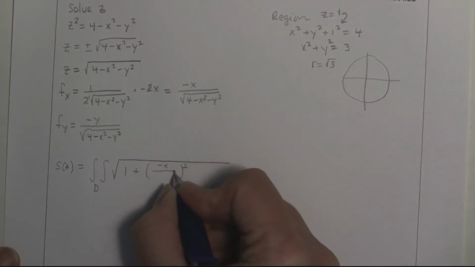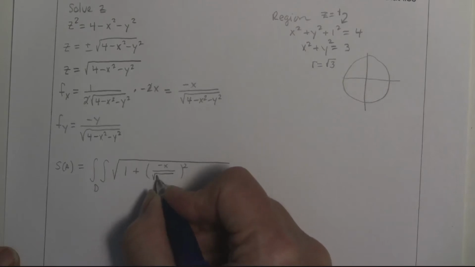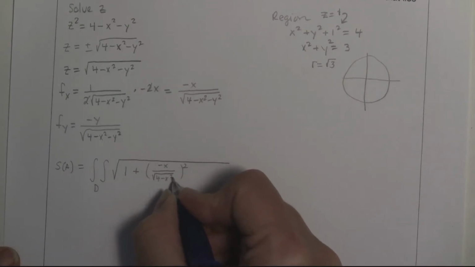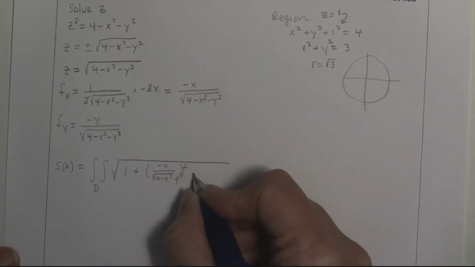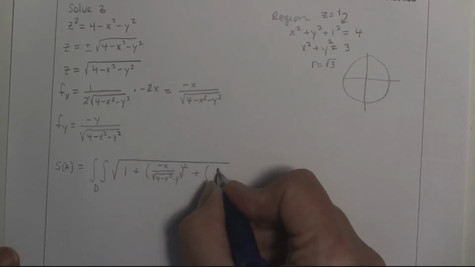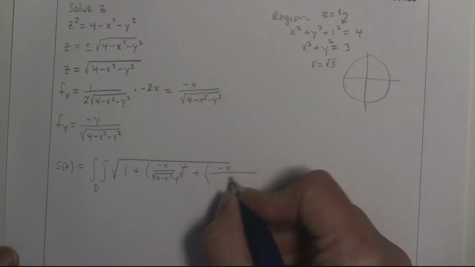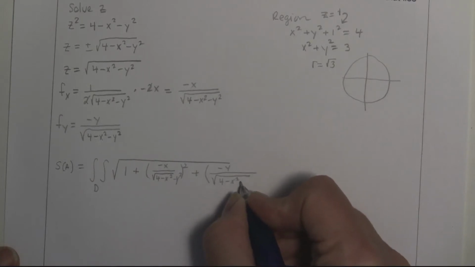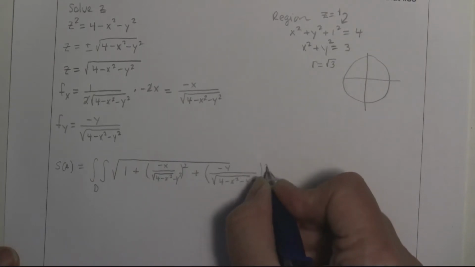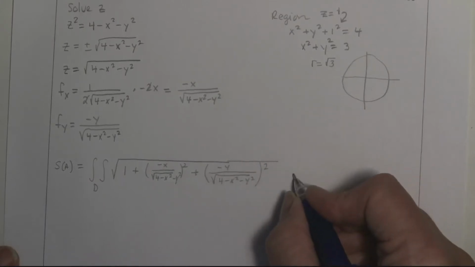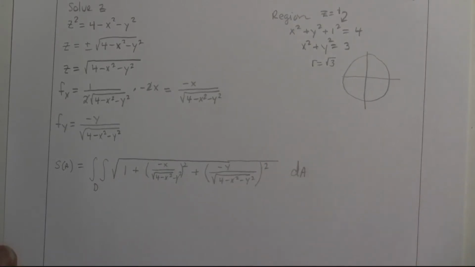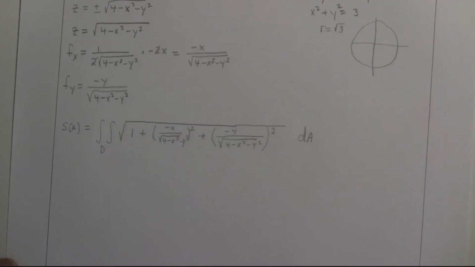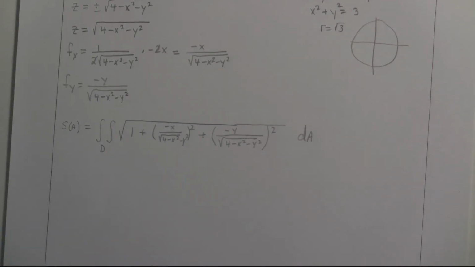And I thought that it was going to be really nasty, and it actually is not as bad as I was going to say that it was. Right, and this is dA. After I fix this up, then I'll put all those other things on there.